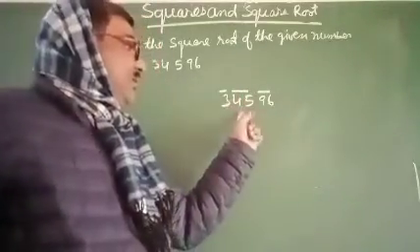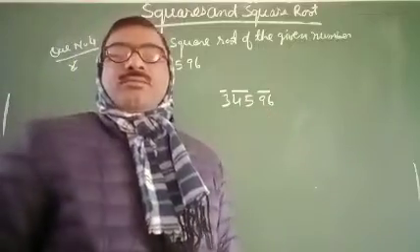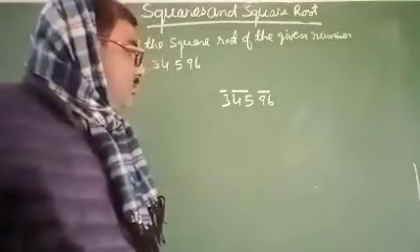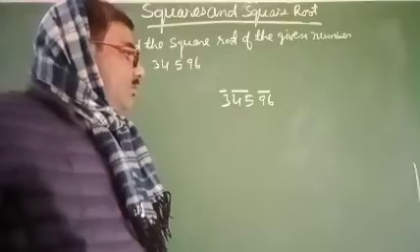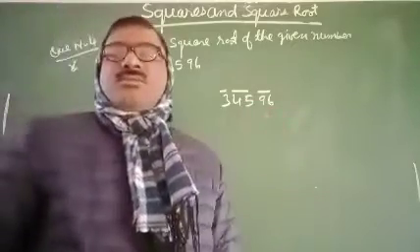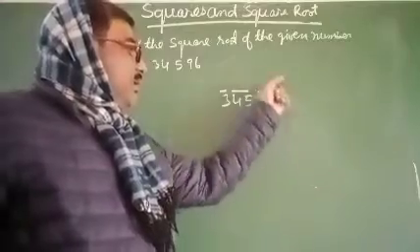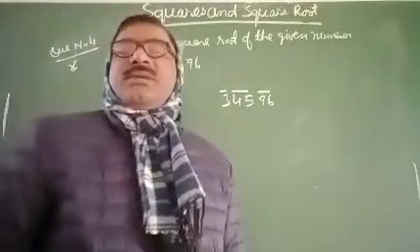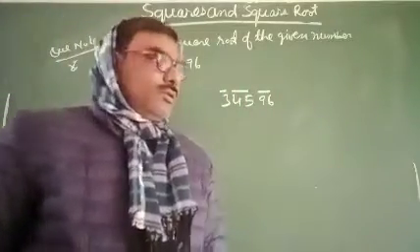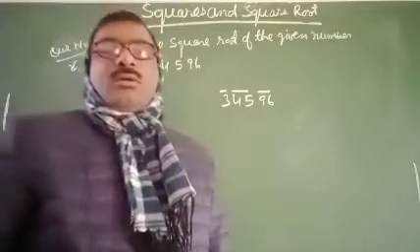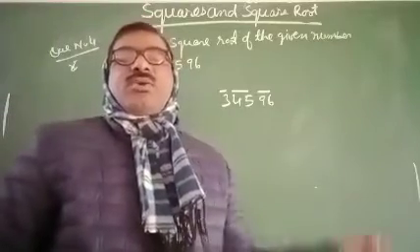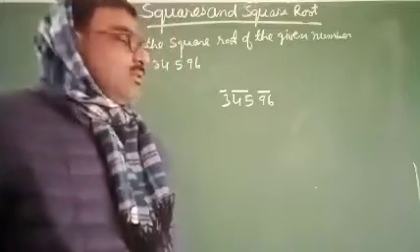Here the period is 3, 1, 2, 3. Now this period shows that the square root of this number is 3 digits. Now how will I find the square root of this number?